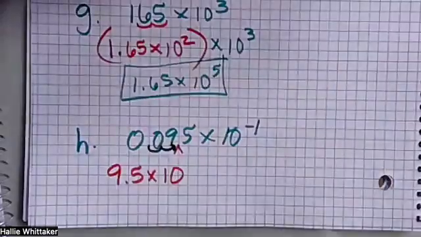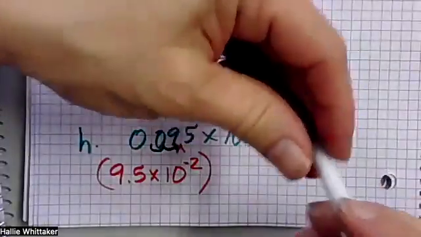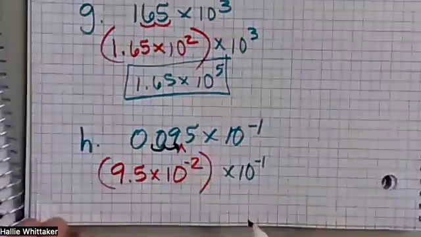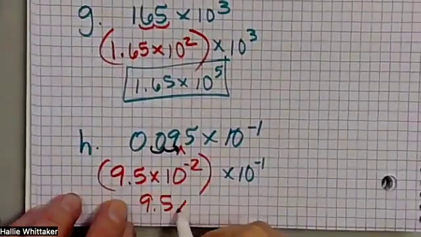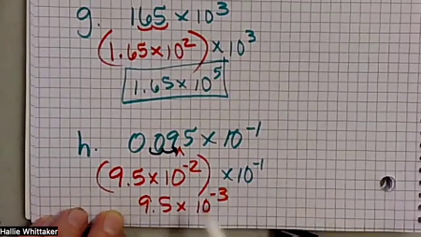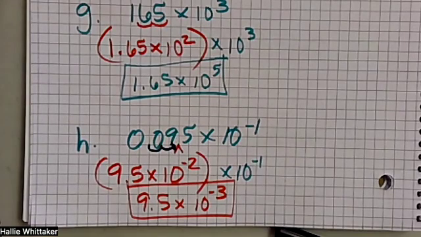And since it's a decimal, it's 10 to the negative 2. And then don't forget about your times 10 to the negative 1. Wrap this up. We have 9.5 times 10 to the negative 3. Negative 2 plus negative 1 is negative 3. Okay. That's all example 1. Hanging in there okay?